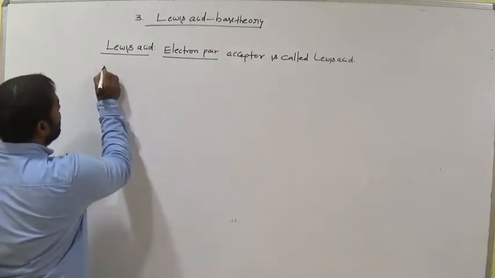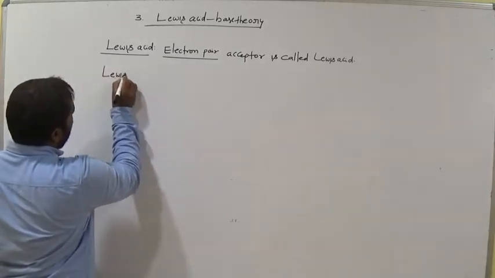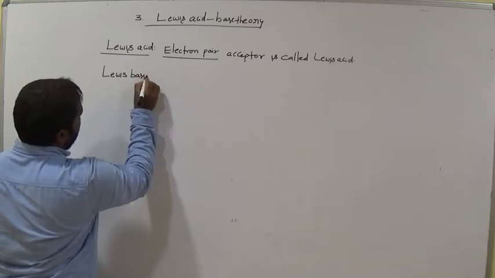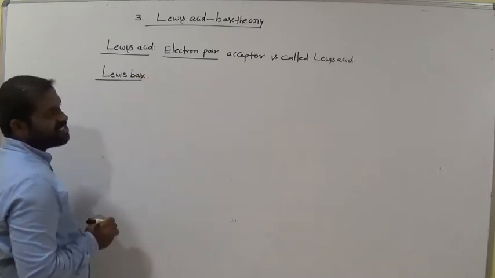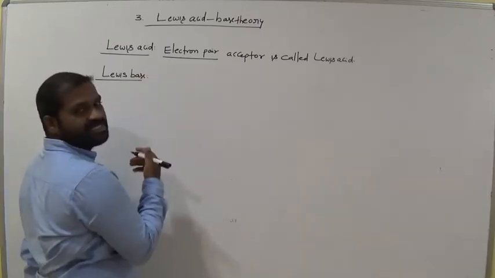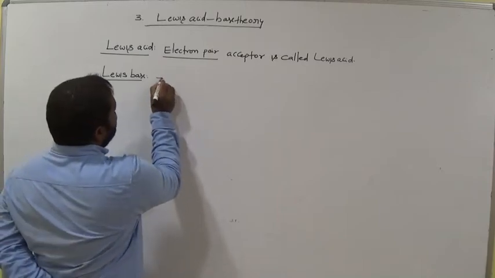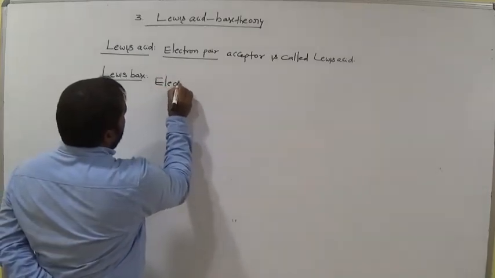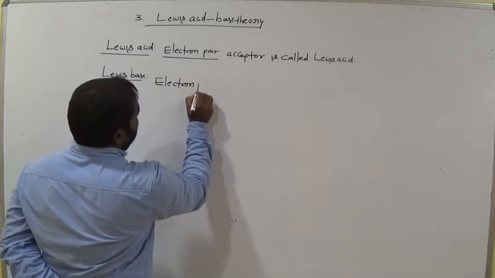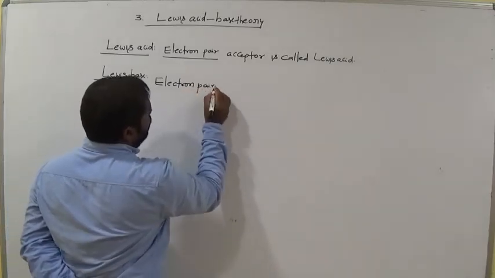So now what about Lewis base? Lewis base means the opposite: electron pair donor.